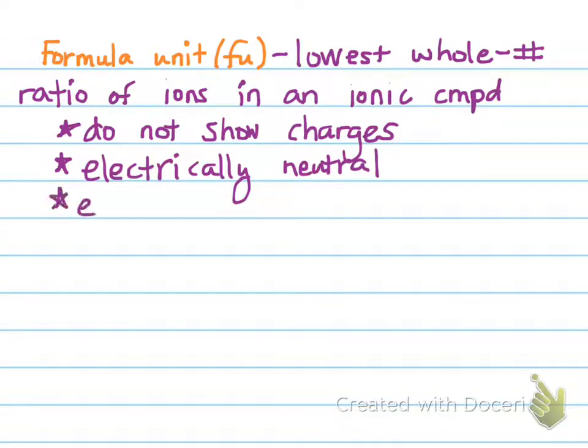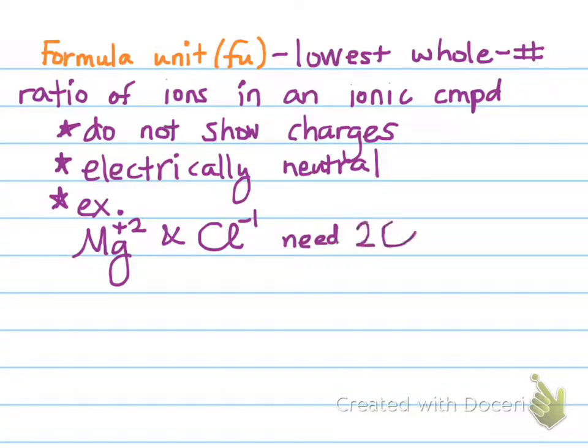So for example, if I'm going to combine a magnesium ion, which has a +2 charge, and a chloride ion, which has a -1 charge, right? For those to combine so that I am electrically neutral, I'm going to need 2 chloride ions.